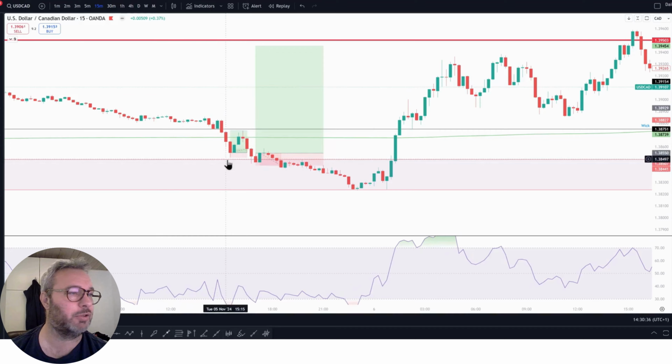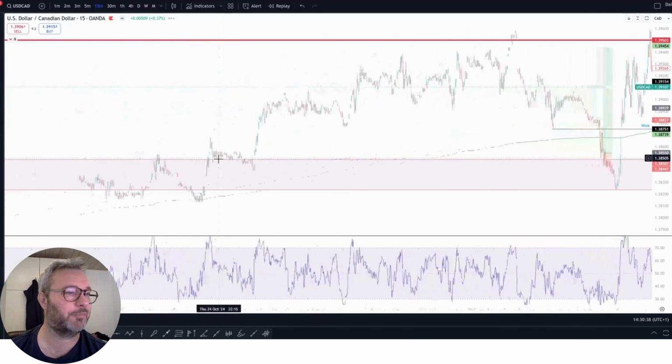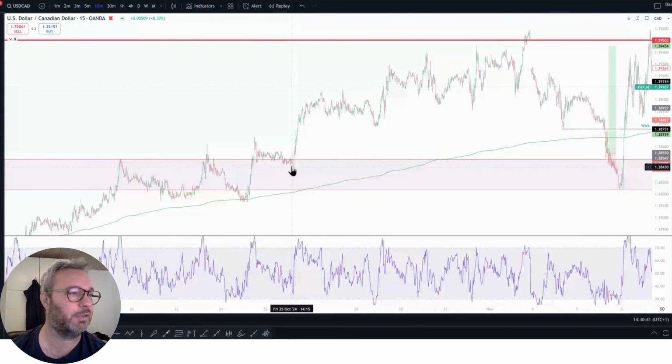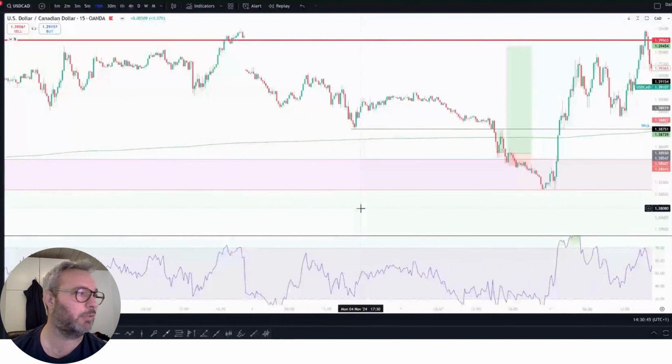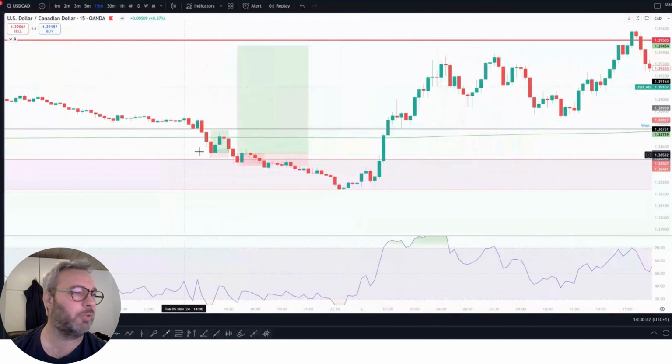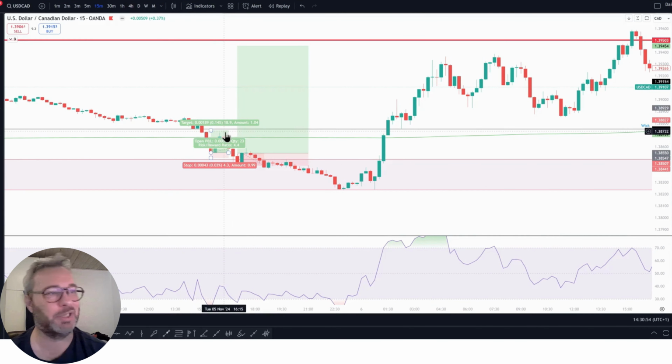You can see it here was my support area, this whole area here, taken on the higher time frame. Rejected from the support area, I longed immediately, and it didn't take my TP exactly, so I closed it a little bit further down, but still around 4.5 trades, so very good.